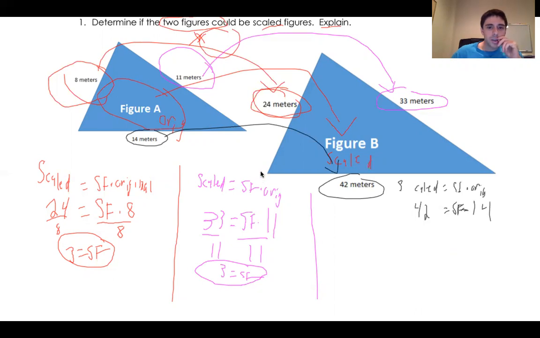So what do we think? You got one person getting it. Great. So exactly, we're going to divide both sides by 14. And we're going to get 3 is our scale factor.